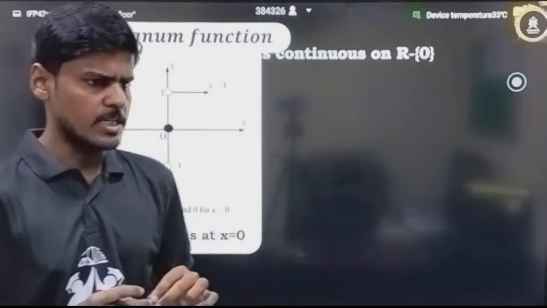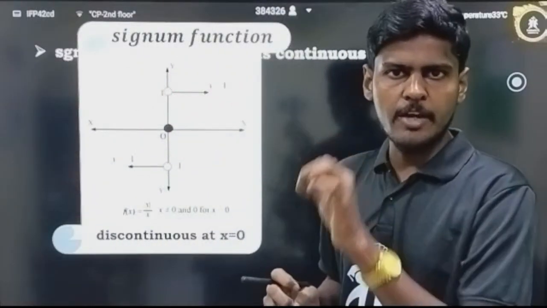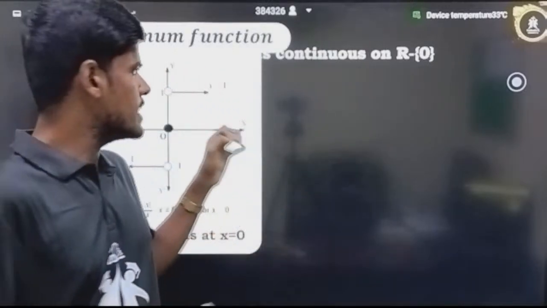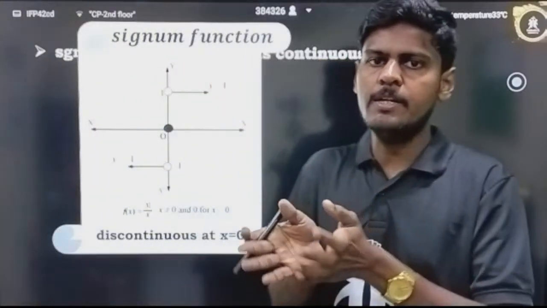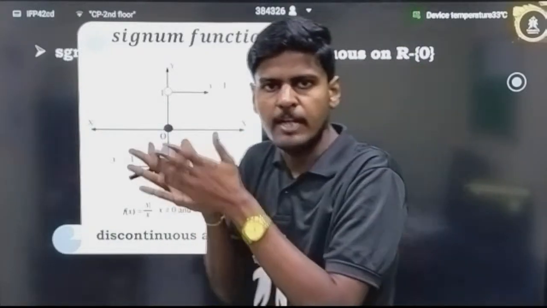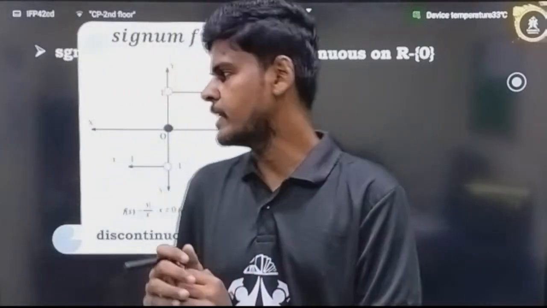For example, in the question, analyze the continuity of the signum function at x equal to 3. That means it is a continuous function at x equal to 3. At whatever point we need to examine its continuity, we have to check its limits and function value at that point, in the neighborhood of that point, right?